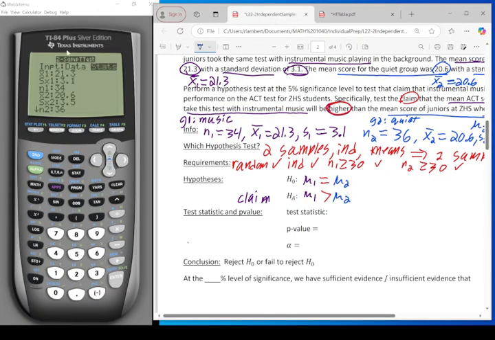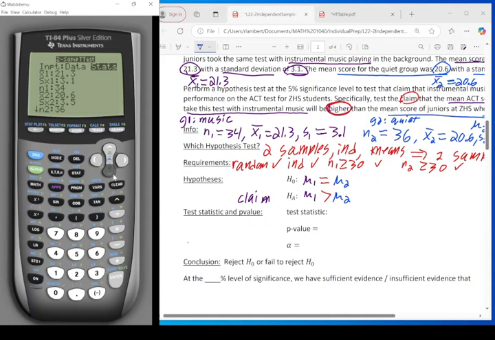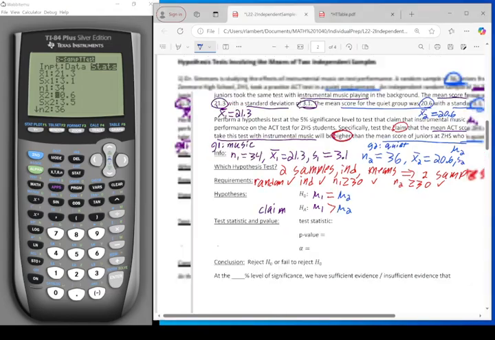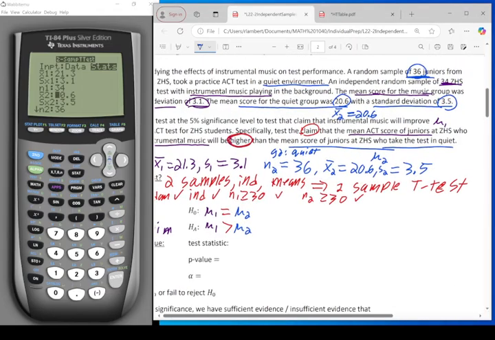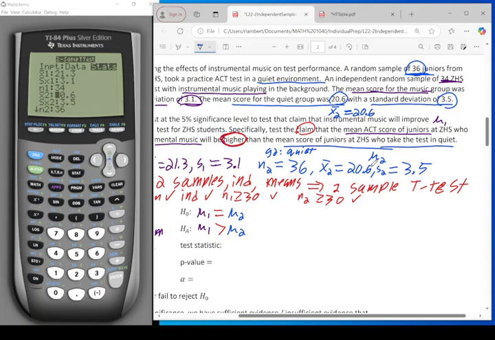I sort of already have it in, but you would enter the sample mean for group 1, 21.3, the sample standard deviation for group 1, and the sample size for group 1. The sample mean for group 2, which is 20.6. The sample standard deviation for group 2, which is 3.5. And the sample size for group 2, which is 36.